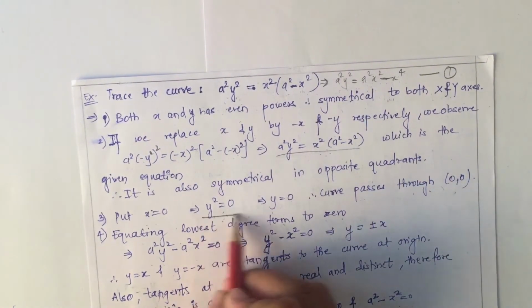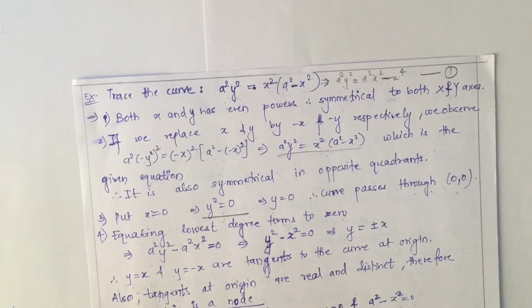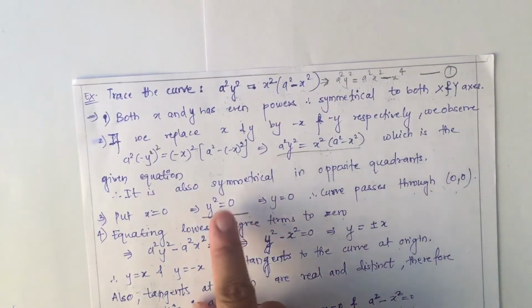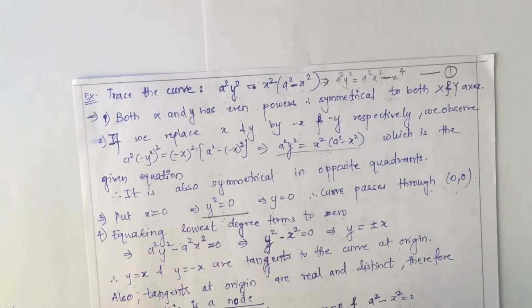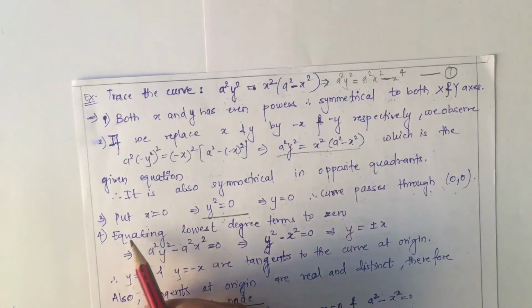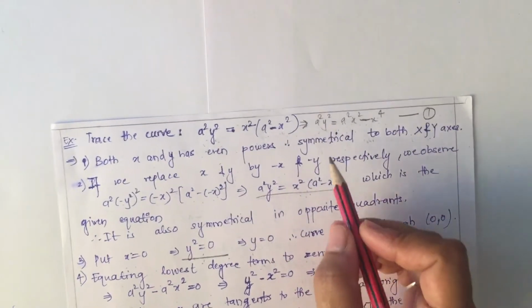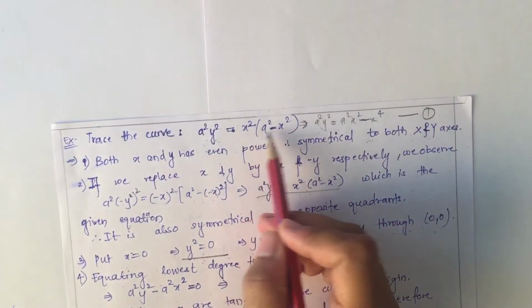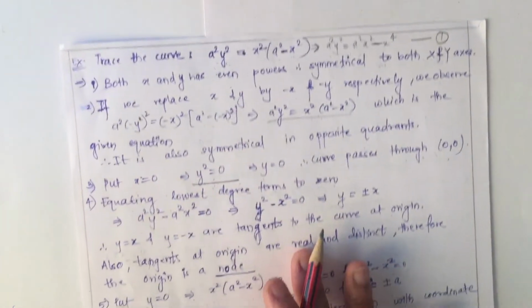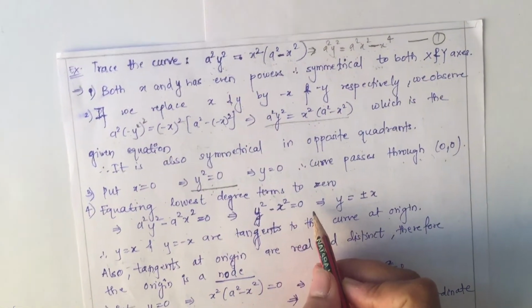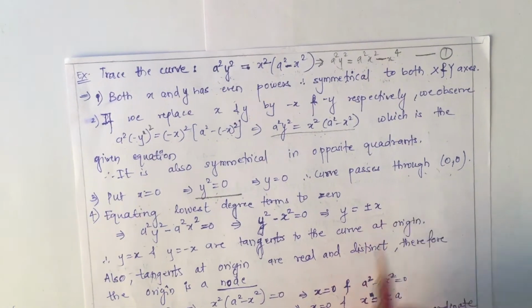origin. Also y square equal to 0 tells us that this point is a double point, so we need to check the nature of this double point. So we find the tangents by equating the lowest degree terms to 0. Here the lowest degree terms are two terms, a square y square and a square x square. So equating these to 0, we get the equation y square minus x square equal to 0, that is y equal to plus or minus x.